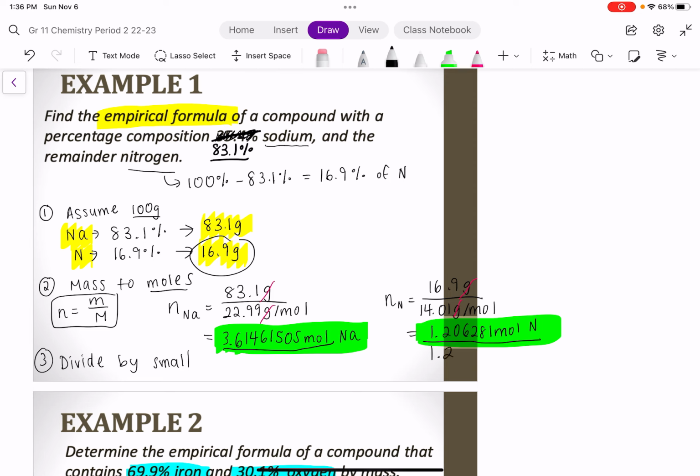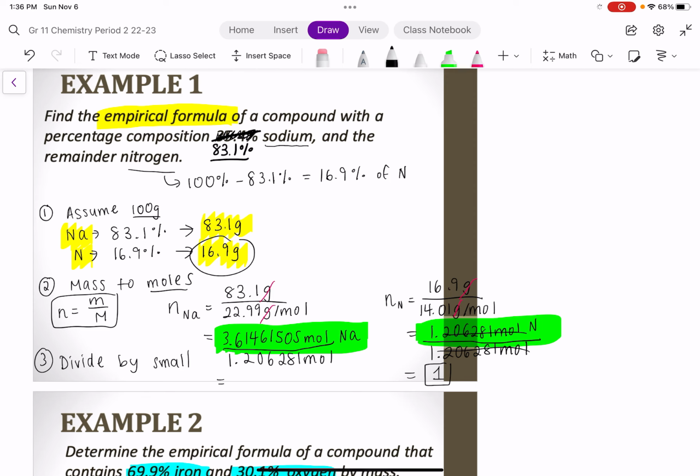You're going to divide both mole values by the smallest mole calculation that you just did. So I'm dividing both of my mole amounts by the smallest value, which is 1.206281. And this, for nitrogen, will become 1.